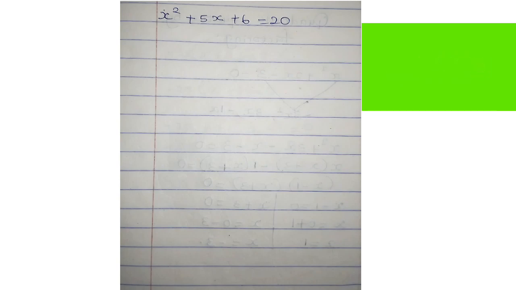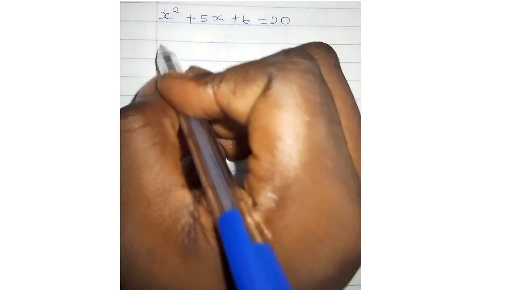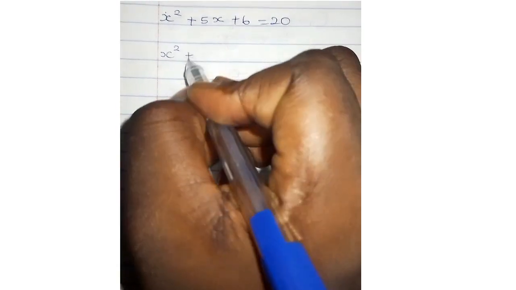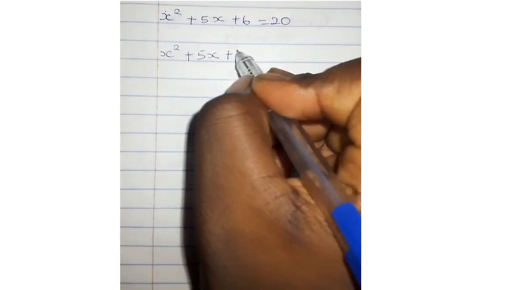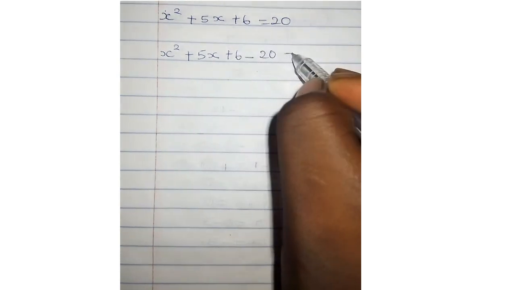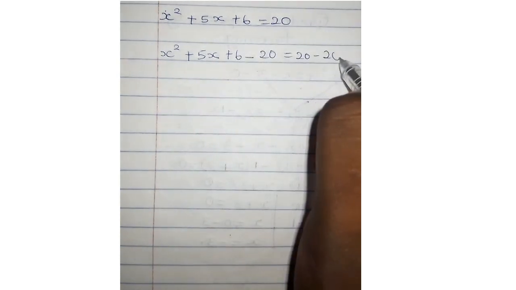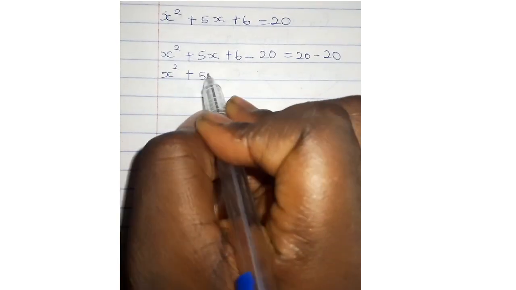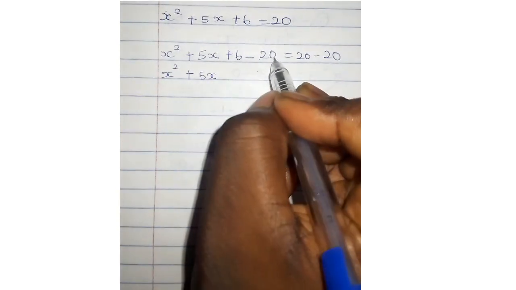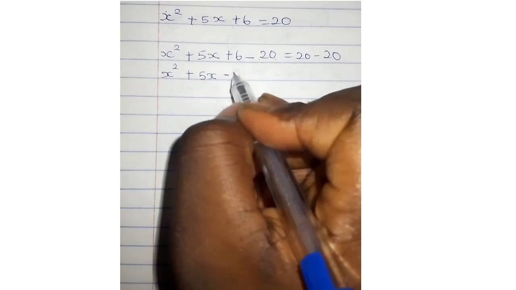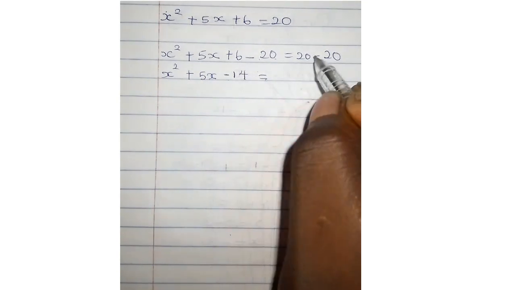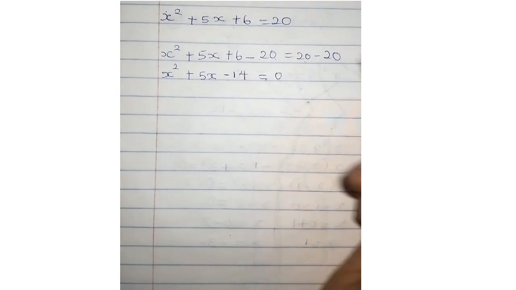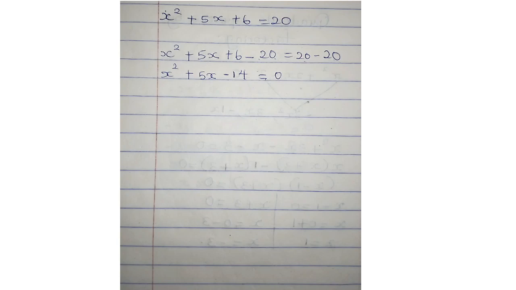So subtracting both sides by 20, we're going to have x squared plus 5x plus 6 minus 20, we're going to have negative 14. So 20 minus 20, we're going to have 0. Note that the quadratic equation is equal to 0. Alright? Now, it's very easy for us to factorize.